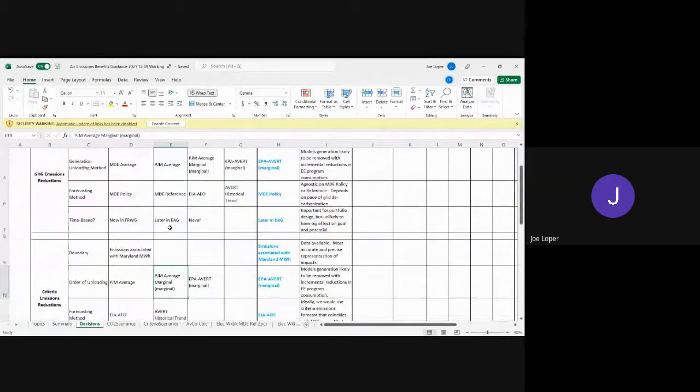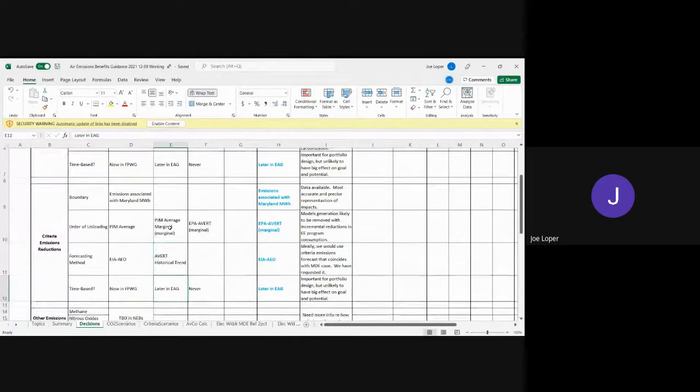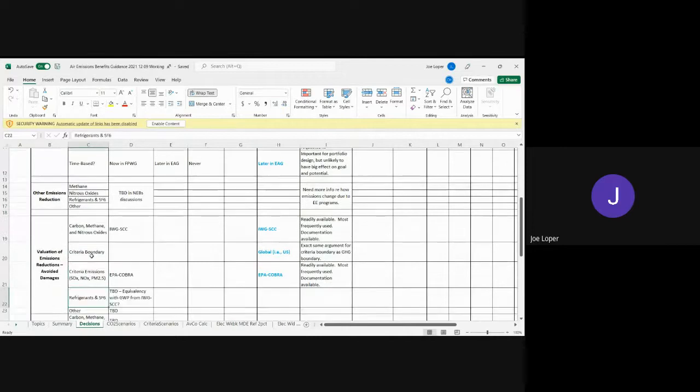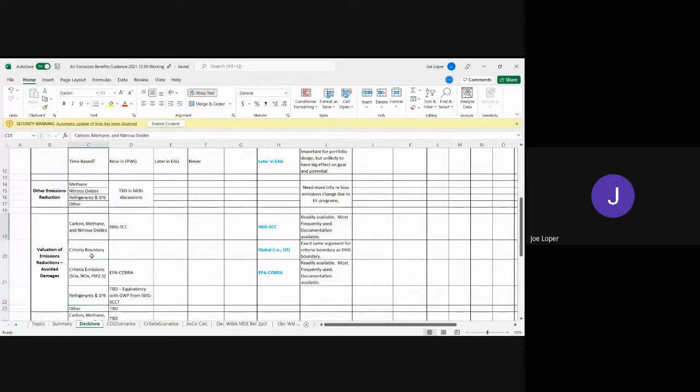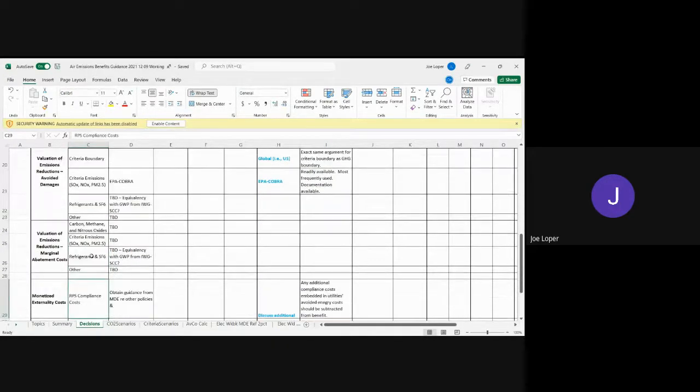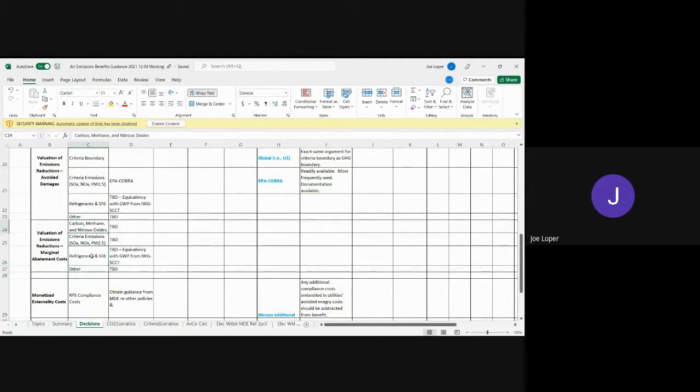All right. Okay. Well, basically what I've been doing is just going down the decisions spreadsheet that I sent out earlier today. Hopefully people have been able to keep up with me. I can talk y'all through anything again if you want. I am now down through the emissions reductions calculations into the avoided damages, and I've provided my recommendations for criteria and GHG. I was just talking about how, rather than value emissions using avoided damages, we could use marginal abatement costs.